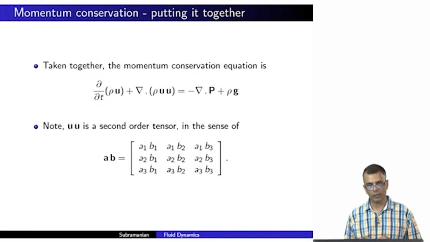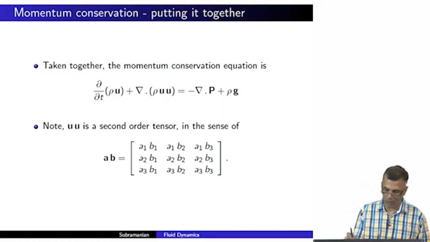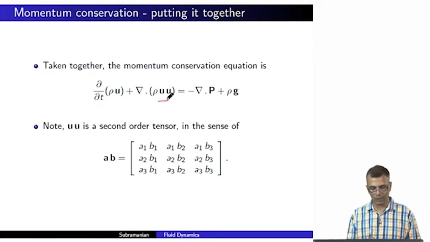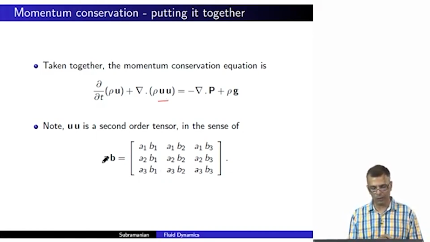And here is what I just said. I said a few slides ago that the quantity UU is an outer product. Okay, it's a second order tensor in the sense that this is how the outer product of two vectors A and B is defined. Yeah, and this is the matrix A1 B1, A1 B2, so on and so forth. So that's what UU is.